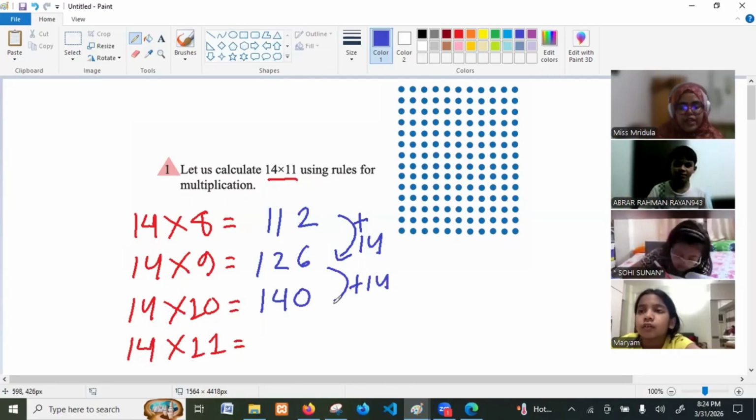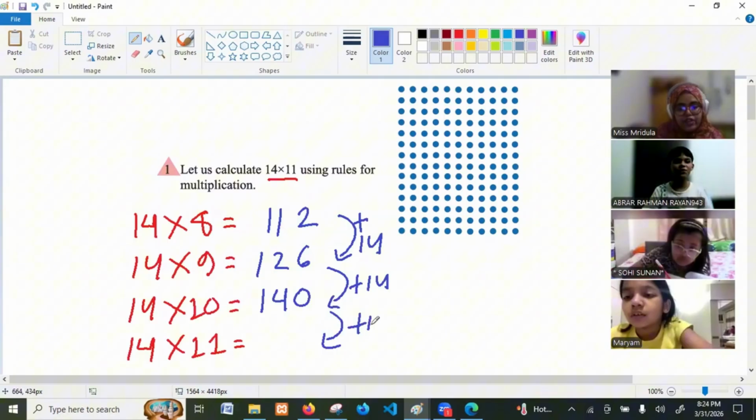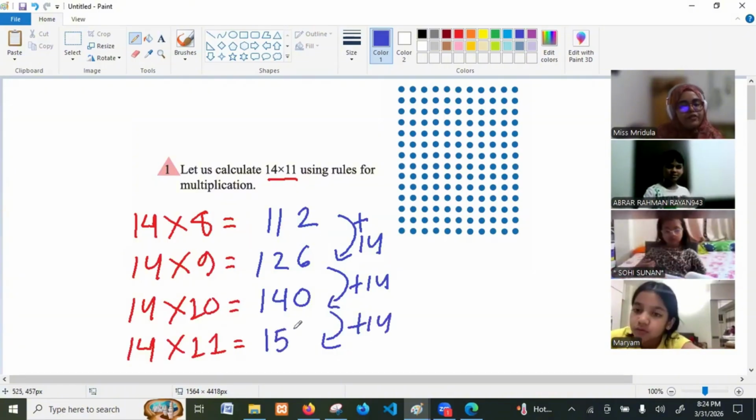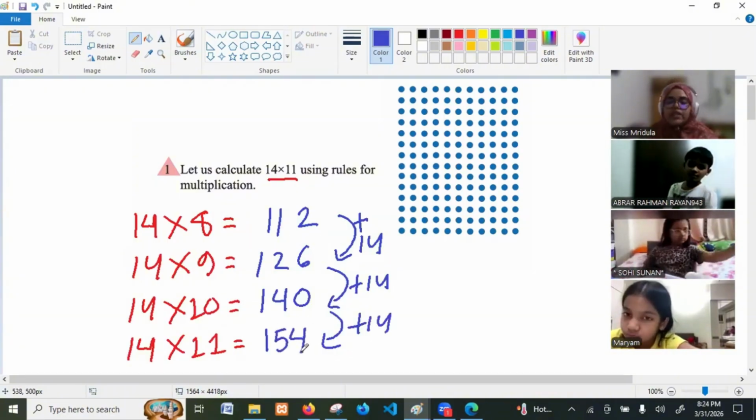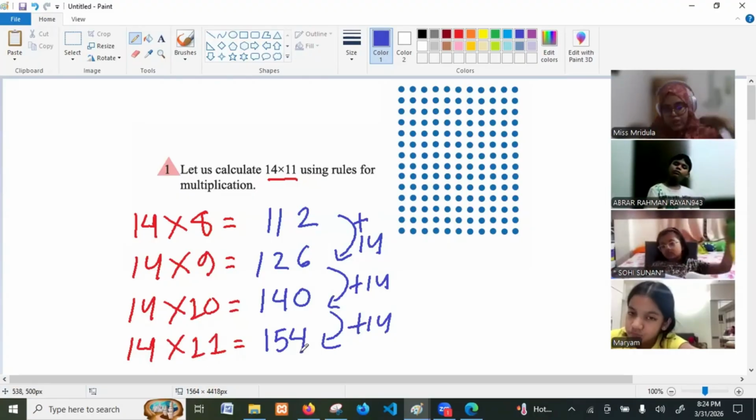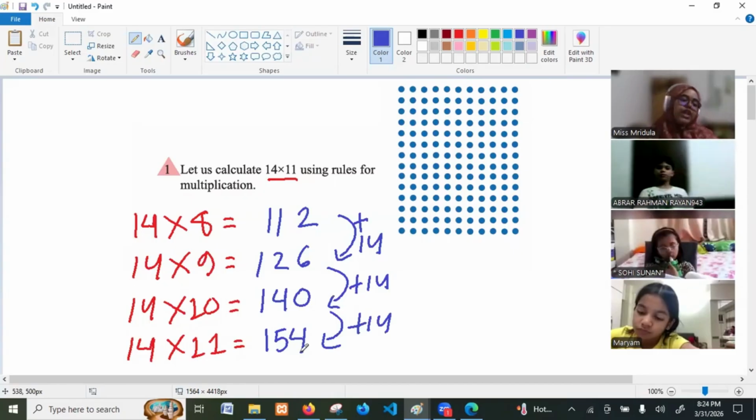Then again add 14, 154. So yes, they are following the rule of multiplication, and we have just shown that. Each and every time 14 is being added because our multiplier was changing.